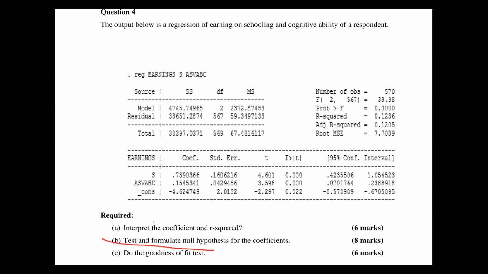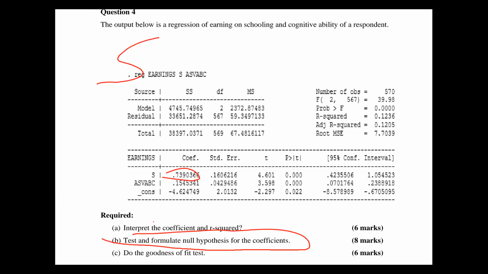B says test and formulate the null hypothesis for the coefficients. What does the null hypothesis say? The null hypothesis says that these variables we're testing have no impact, right?